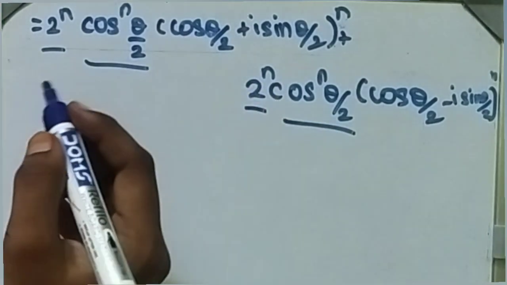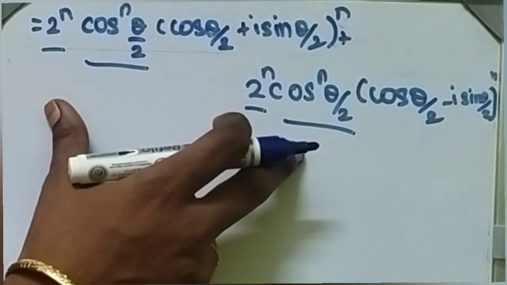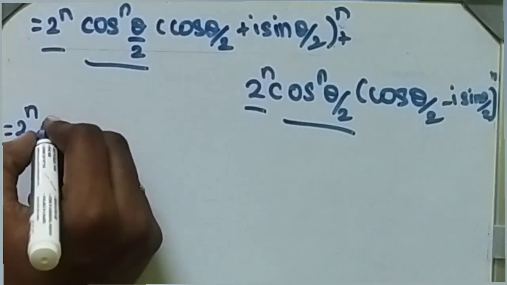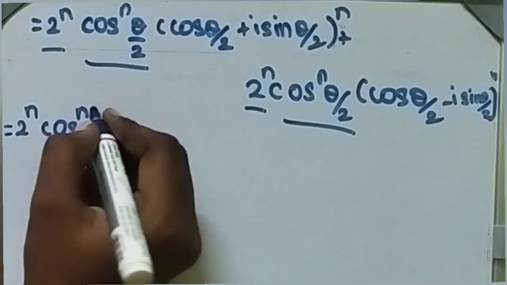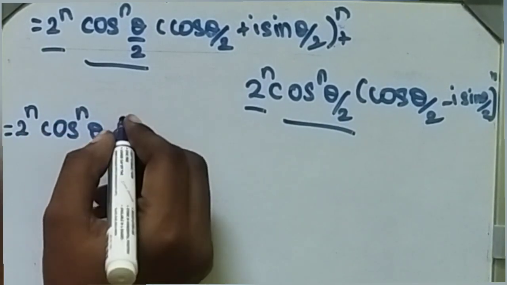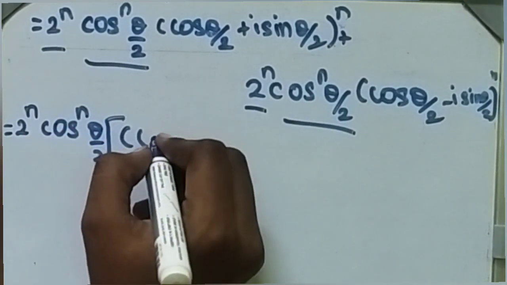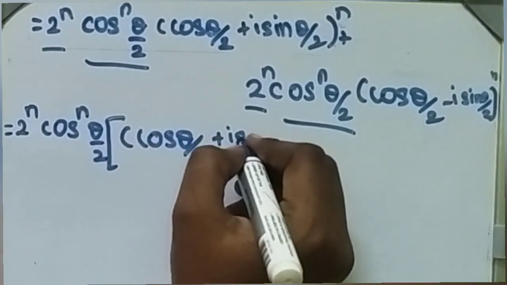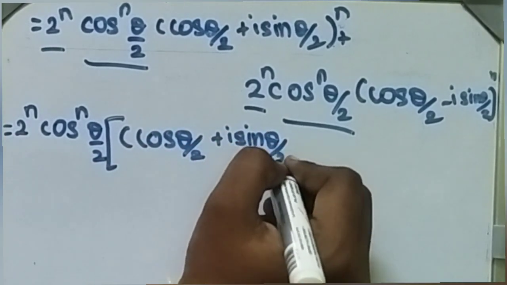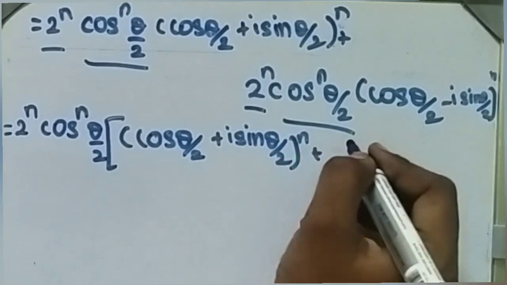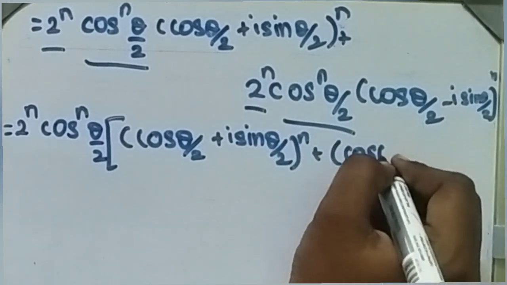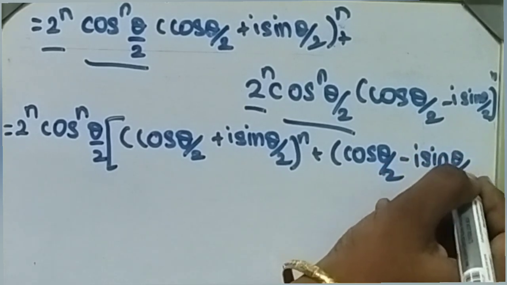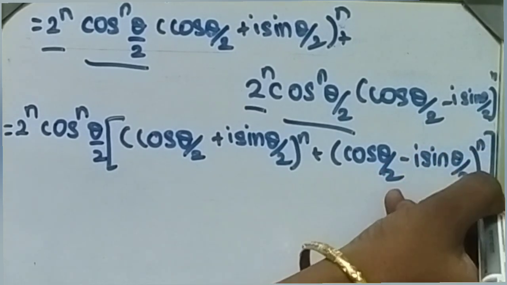So we are taking these two terms as common. So it becomes 2 power n cos power n theta by 2 multiplied by cos theta by 2 plus i sin theta by 2 power n plus cos theta by 2 minus i sin theta by 2 power n.